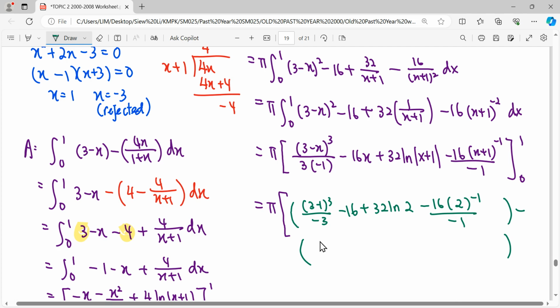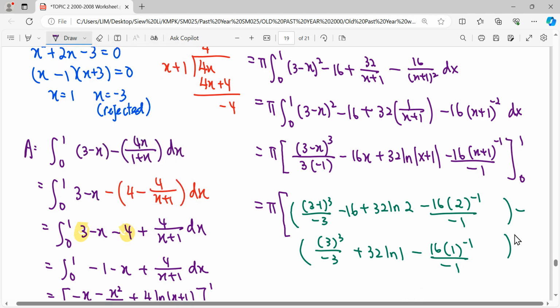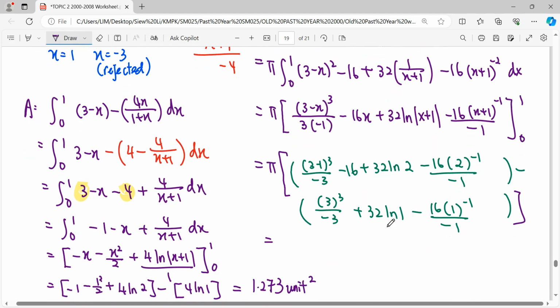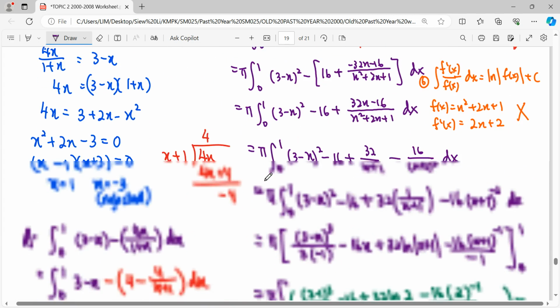When we substitute 0, it will be 3 to the power of 3, minus 3. 0 times 16 is 0. This one, on 1. Then minus 16. Lastly, we evaluate this using a calculator, and the answer has to remain in pi form.